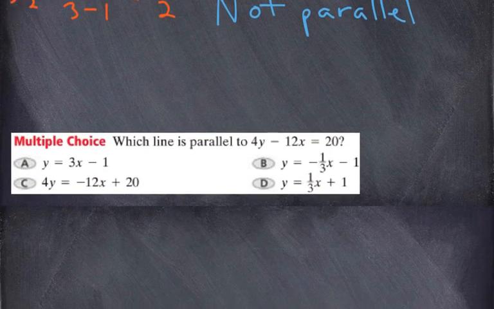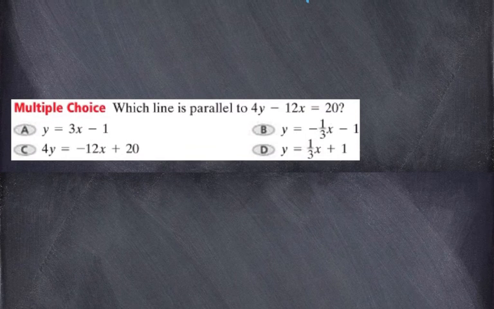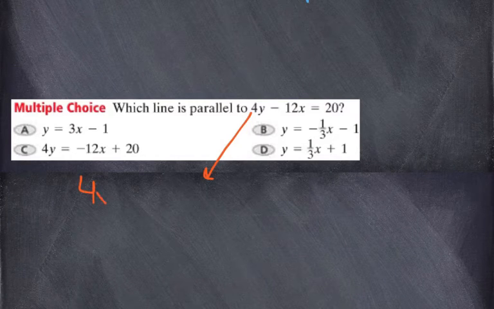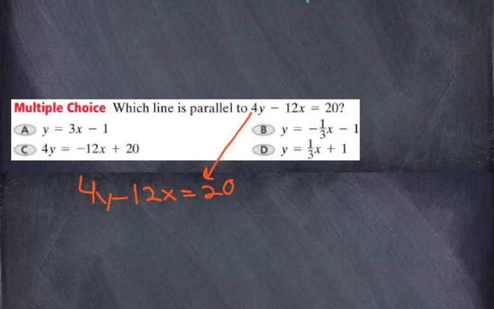Oh, sorry. We have this example first. Which line is parallel to 4y minus 12x equals 20? Well, the best thing to do on something like this is go with the equation that you're given, and find the slope of that first. So what I would do, after I rewrite the equation down here, is I would get y by itself so you can find the slope.